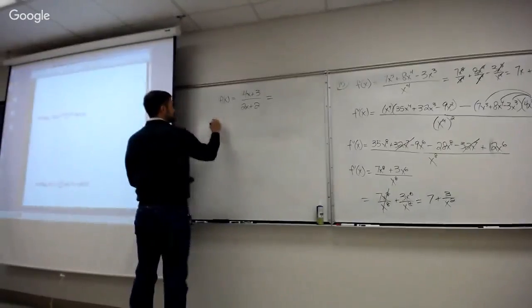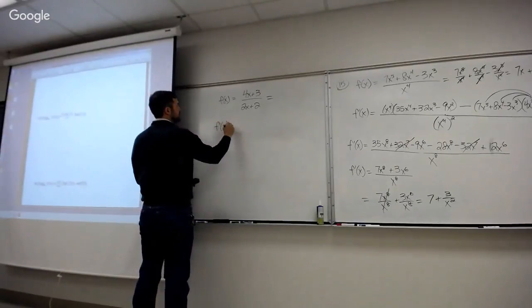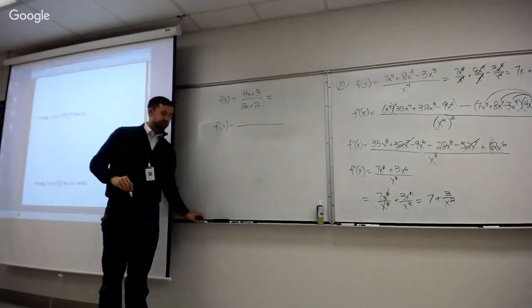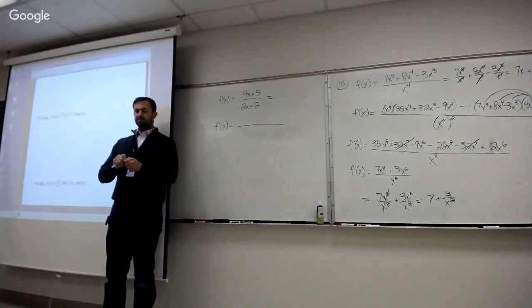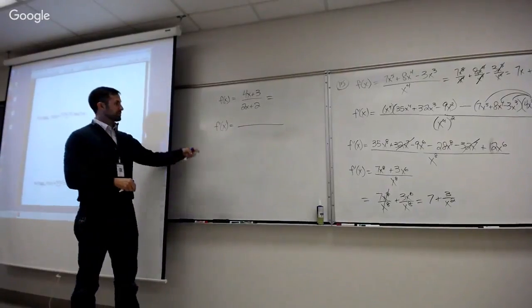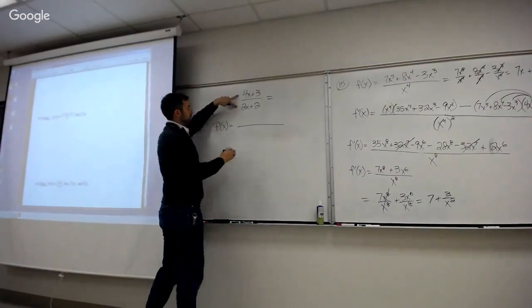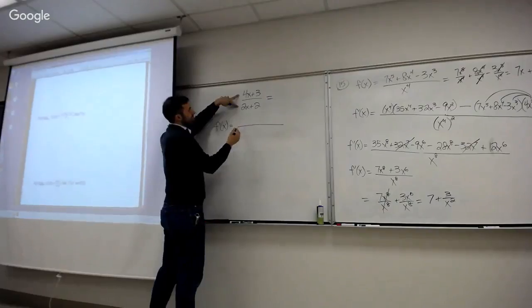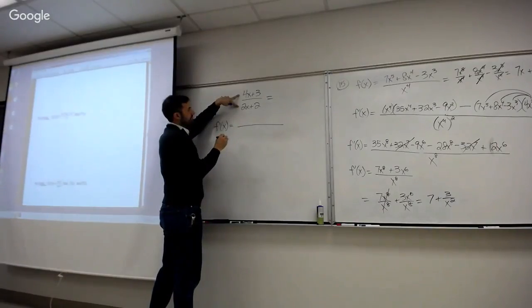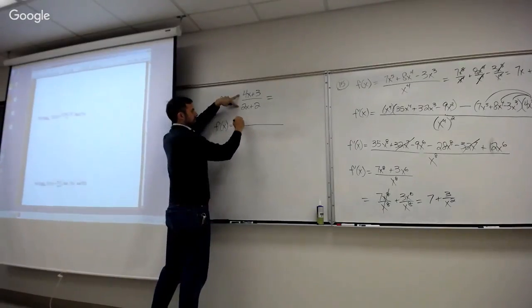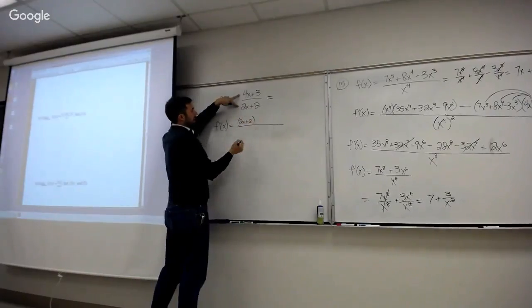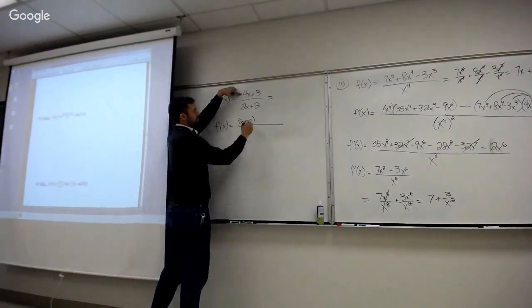So, what's the quotient rule? Daniel, what's the first part of the quotient rule? It is the Hody. Yep, Hody high. Hody ho, and then d high. So what's the derivative of the top? 4.